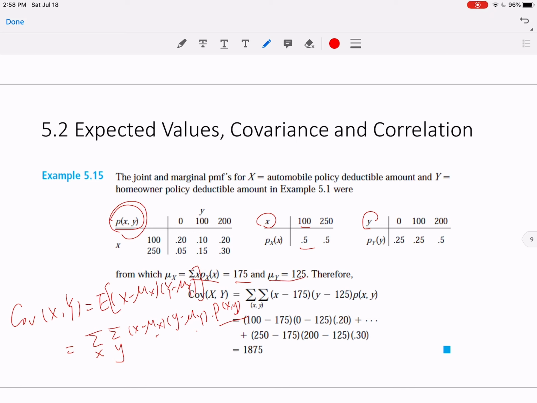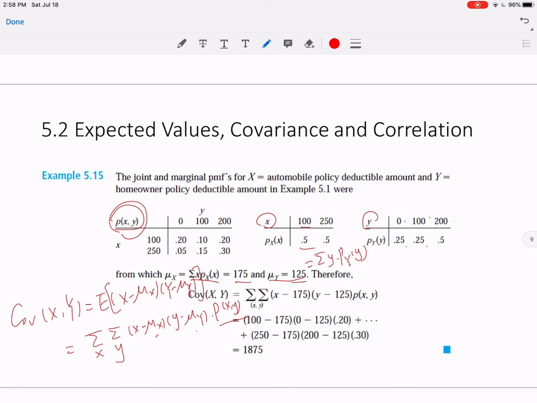The same thing for mu sub Y: that would be the summation of Y times the marginal PMF of Y. In this case, that would be 0 times 0.25 plus 100 times 0.25 plus 200 times 0.25, and you get 125.